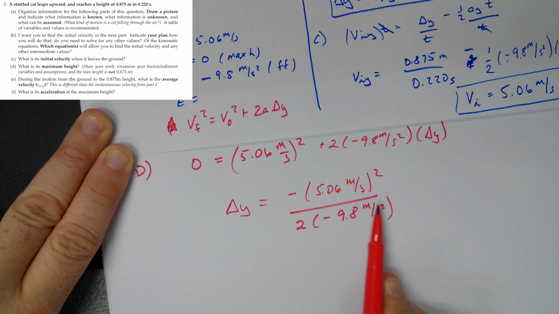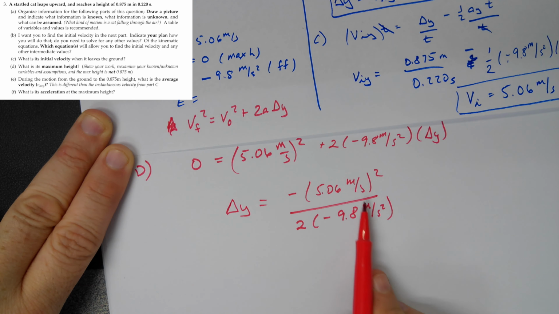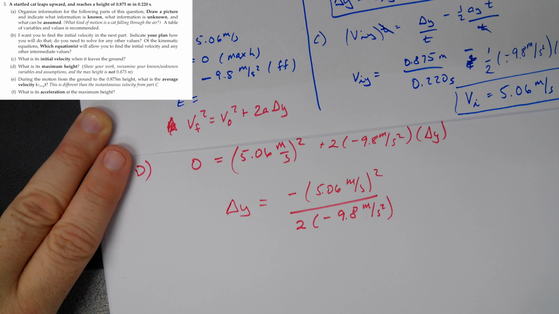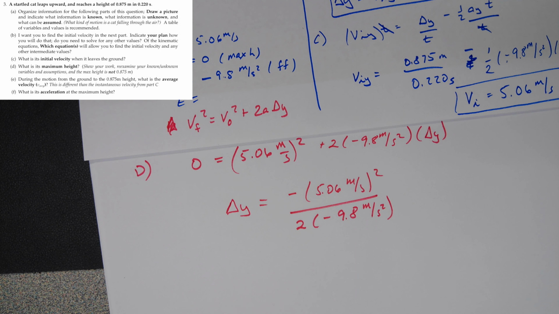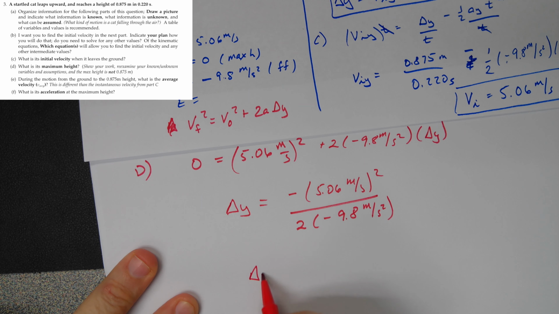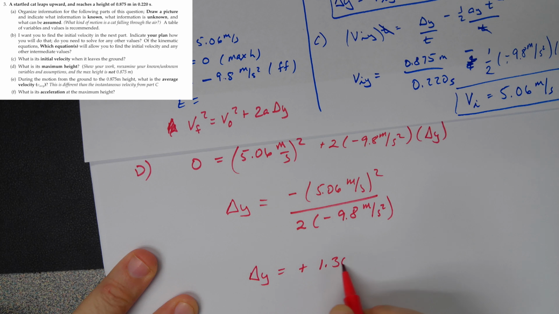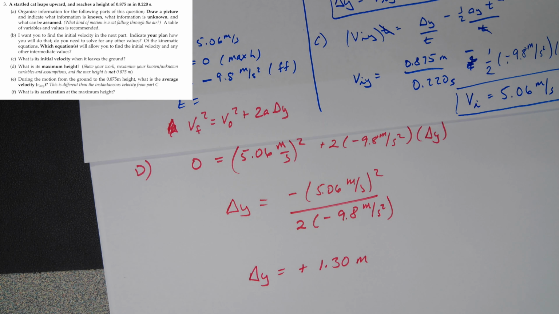When we do the units, we have to square these units, and then we get rid of those units. We're left with a distance, we're left with meters. When I put that into the calculator, I'm going to get that this delta y should be plus 1.30 meters. Cats can jump 1.30 meters. I'm okay with that.